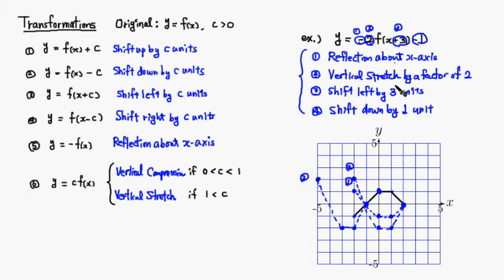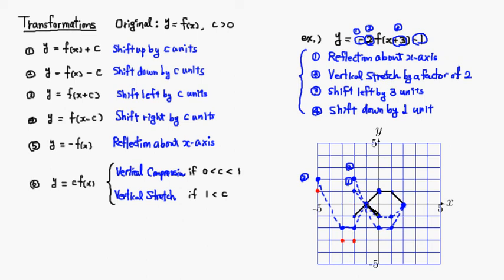Then the last one, shift the whole thing down by 1 unit. So it's pretty simple. Since it's the final one, I'm going to use a red. So this point is going to go down 1 unit. So it's going to go here. This point is going to go down right here. And this point is going to go down right here.